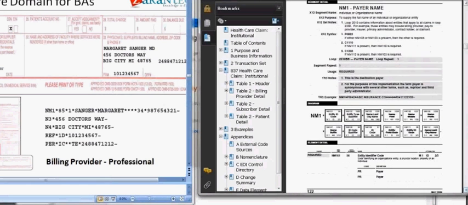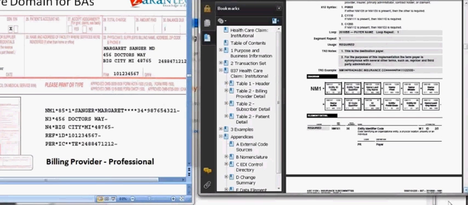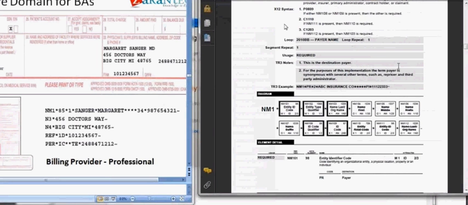Is it too small? Let me magnify a little bit. Okay. See the transaction here, NM1 PR. See the transaction here, for example. So if you see that PR2 ABC, that's an insurance company here, okay.